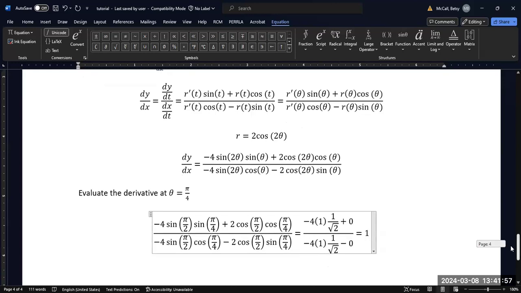Now, usually textbook problems do not have you go any further than this, so they don't have you then come up with the equation of the tangent line. If you did have to do that, you would have to take your theta value, plug that into the function, and convert the r theta combination back into rectangular coordinates in order to then find the equation of your line.